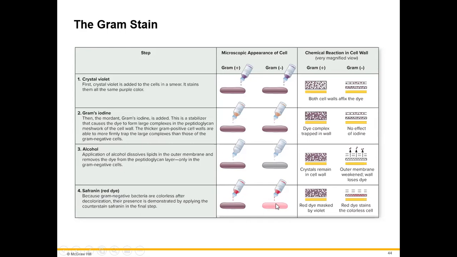It gives a red or pink reaction. Gram-positive bacteria won't take up the new stain because the crystal violet is already fixed in there. Since the lipopolysaccharide layer has been washed away, now the safranin can stain the gram-negative cell.